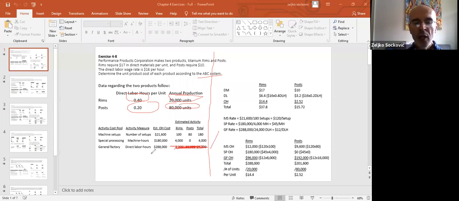And then you have here the total, you just divide 24 into this total. And that's your POHR, and that's the answer to your question, right? And then you might compare it to 14.4 in ABC over here.